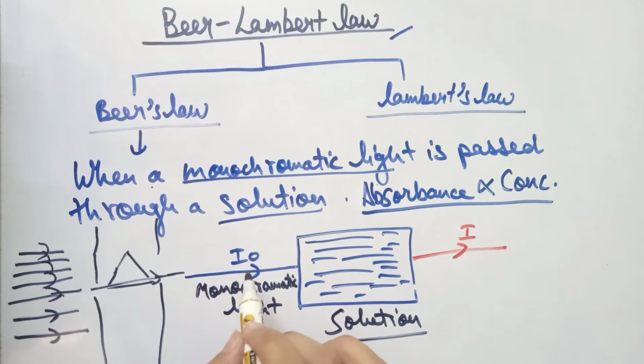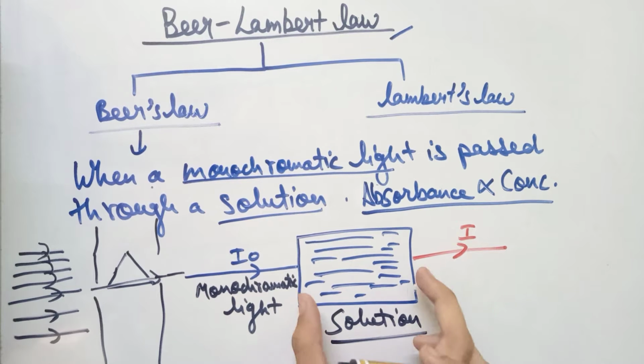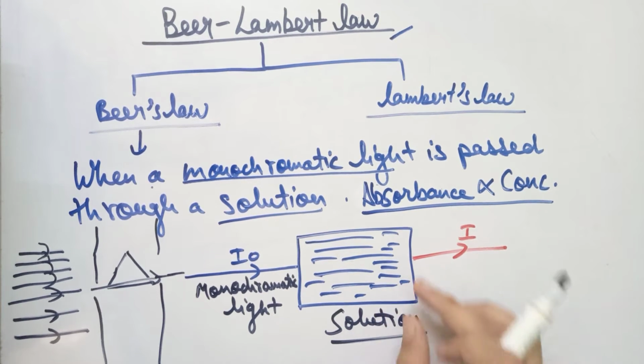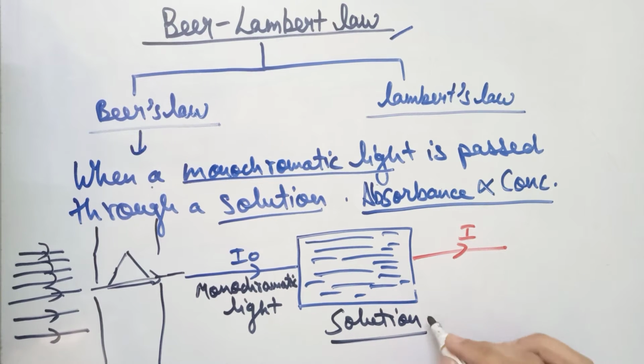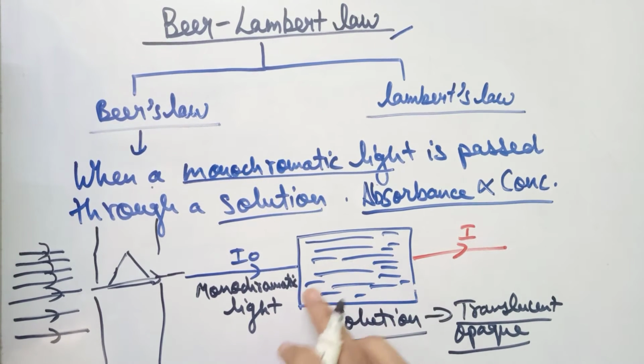This incident monochromatic light we have taken as I naught, and as it passes through this solution, because of the concentration or the opaqueness or translucentness of the solution, we have to take a solution which is translucent or kind of opaque in nature, because only that kind of solution can absorb the light.